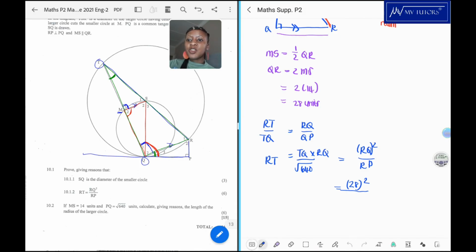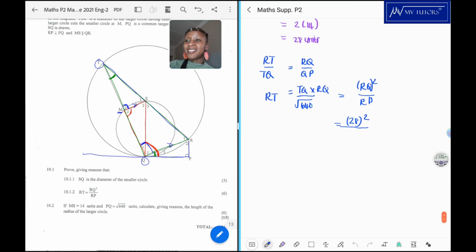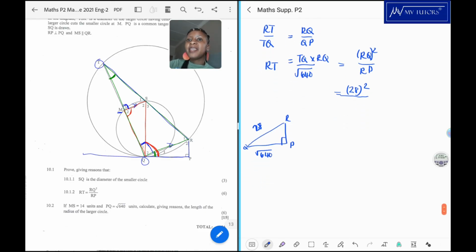Let us try Pythagoras in triangle QRP. I know that QR is 28 and PQ is 640. Using Pythagoras, I can get RP, which is what I'm looking for, and then we can eventually get RT. Let's see if this works.